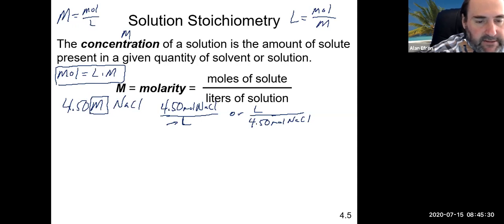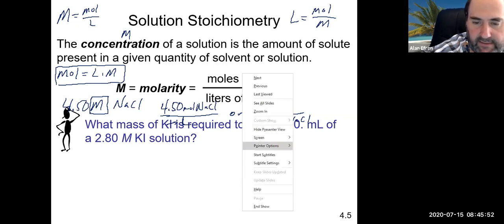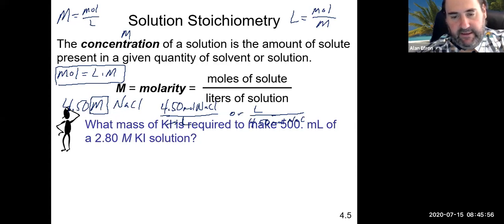So we can do some calculations that involve molarity. Let's take a look at one here, as I wrote over it there. What is the mass of KI required to make 500 milliliters of a 2.8 molar KI solution? So why don't you take a second and see what you come up with. Let me just erase some of that stuff. There we go.